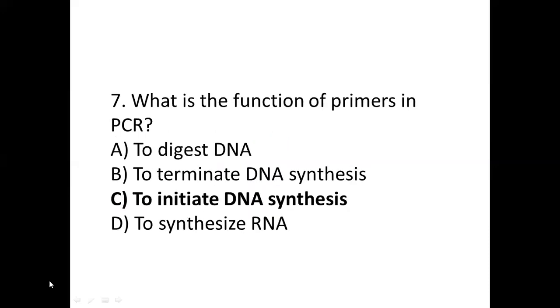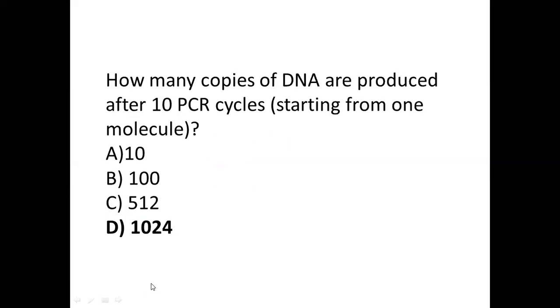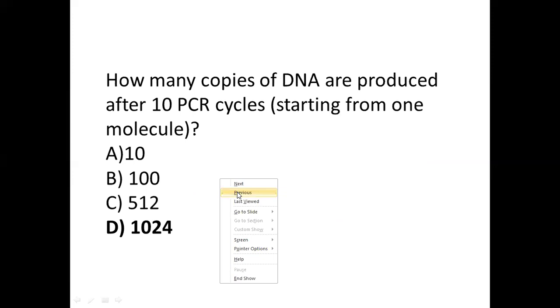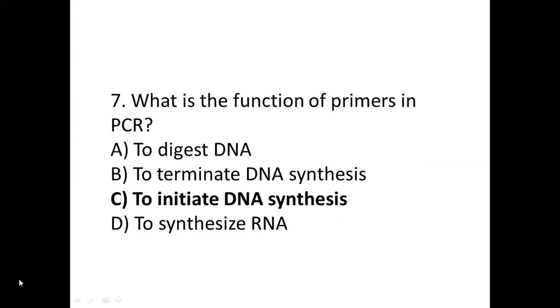Next question. What is the function of primers in PCR? Simple, to initiate the DNA synthesis. Once the denaturation step is over and the two strands have been separated, the primers will go and add to the single-stranded DNA strand at the 3' position.